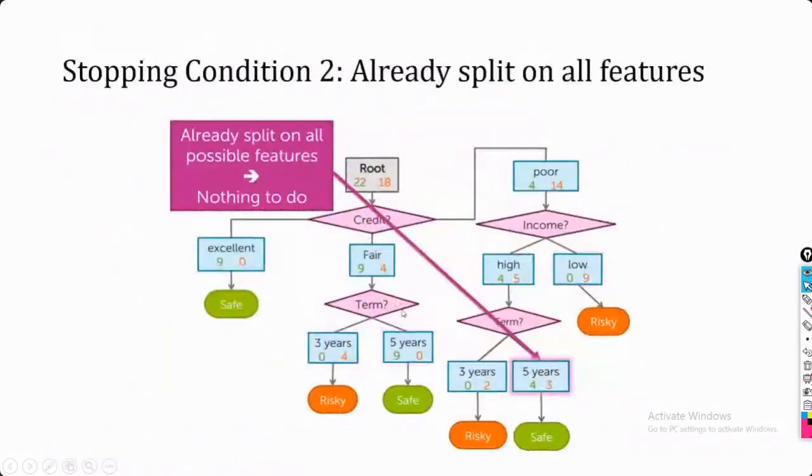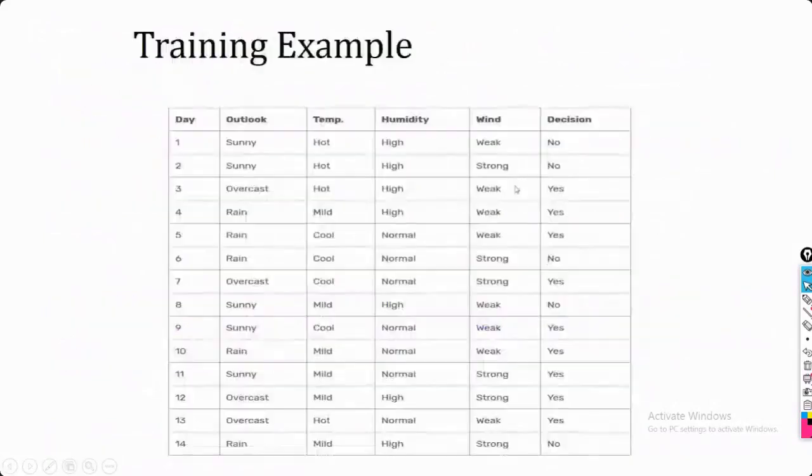That means how many instances you have in total, and out of that total number of instances, how many are part of your positive class and how many are part of your negative class. So that we are going to see. Okay, so that you can easily calculate.